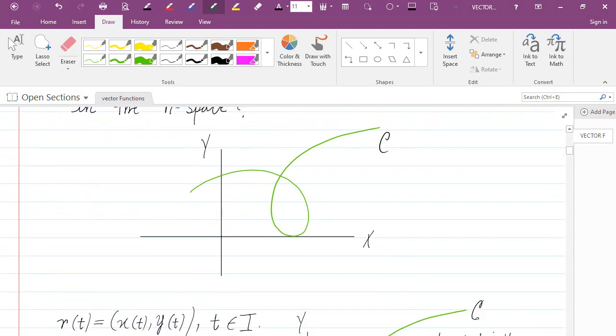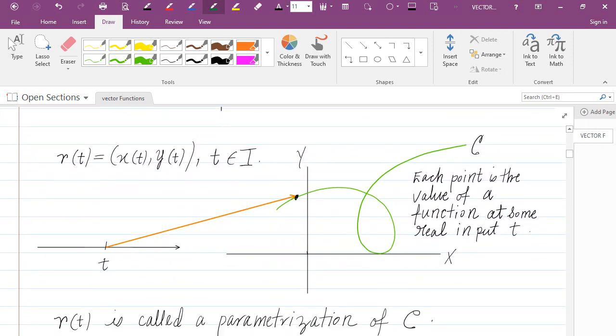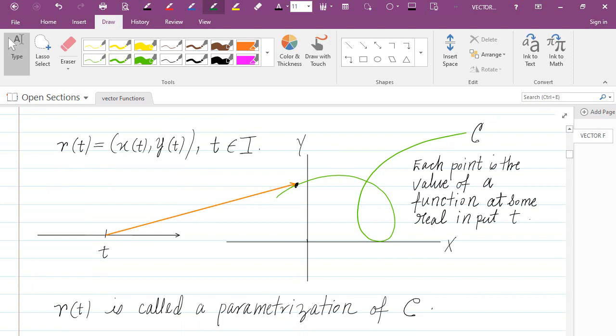So if I have a curve C, then what do I mean by a parameterization of the curve? Well, by the parameterization of the curve C, we mean a vector function R of t equal to x of t comma y of t, such that each point on the curve is the value of R of t at some real input t.